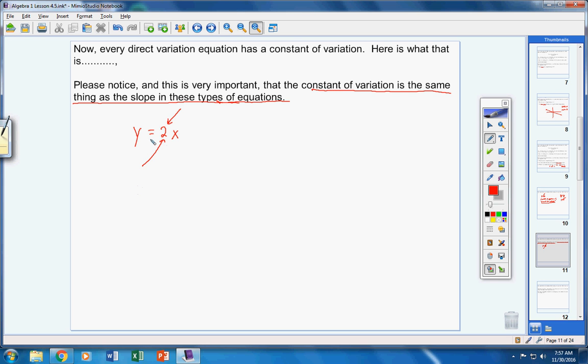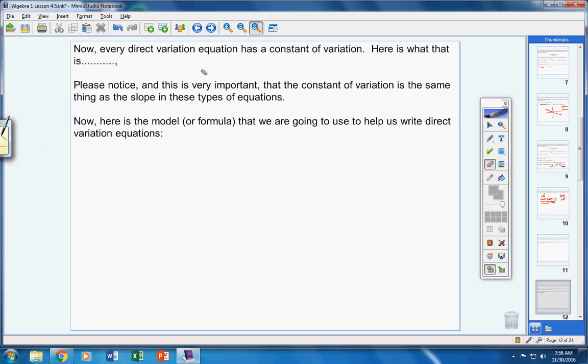Listen guys, anytime y is by itself, the number with the x, the coefficient of the x, is always going to be your slope, unless you're not dealing with a linear equation. But right now in chapter 4, all that we are dealing with would be linear equations, okay? So the constant of variation is also the slope. Please understand that, okay? Alright, moving on.